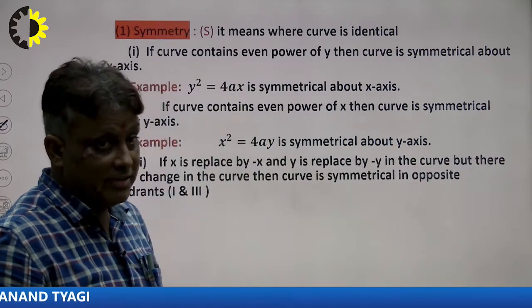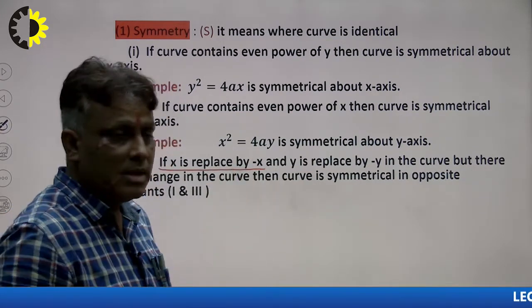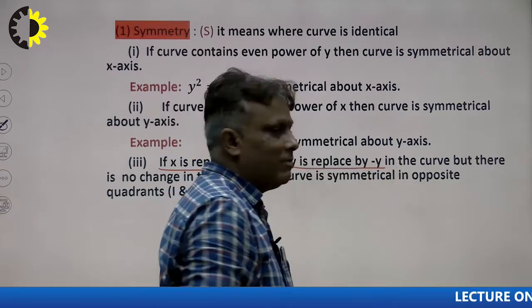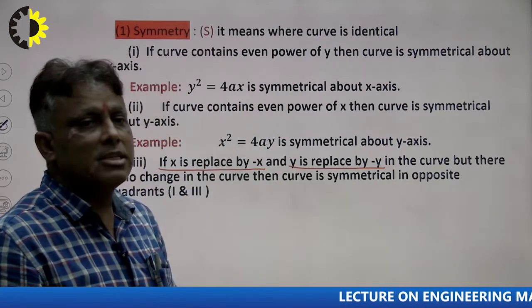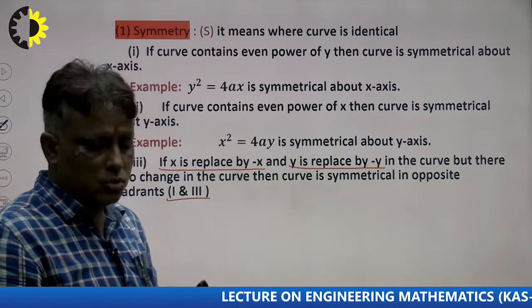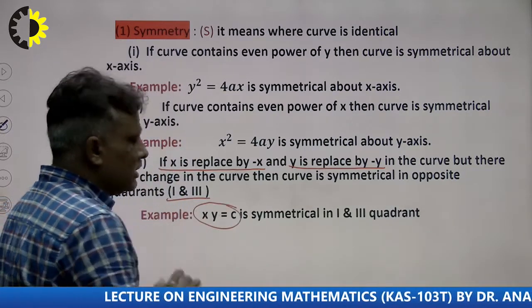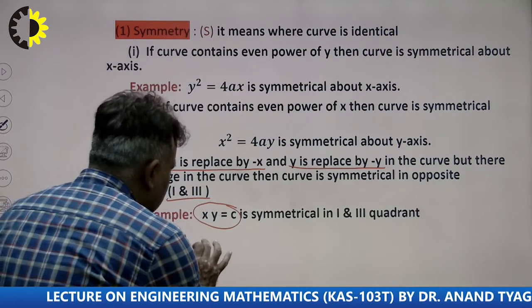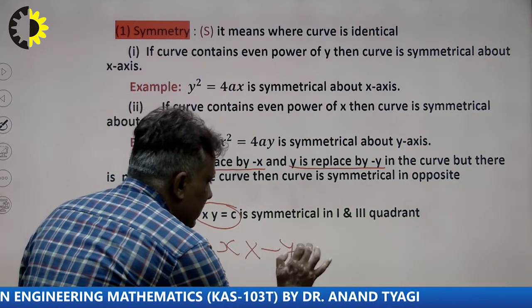Third symmetry, that is the most important. If x is replaced by minus x and y is replaced by minus y in the curve, and there is no change in the curve, the curve is symmetrical in opposite quadrants, we can say first and third. How? Consider the example here, xy is equal to c. Suppose I write here in the place of x minus x, in the place of y minus y is equal to c.